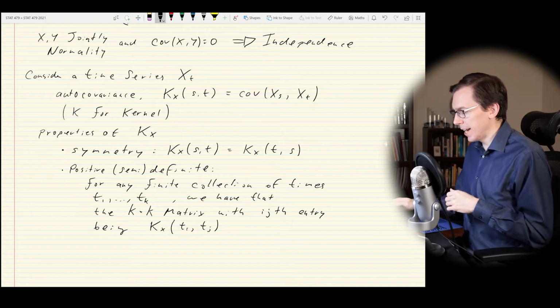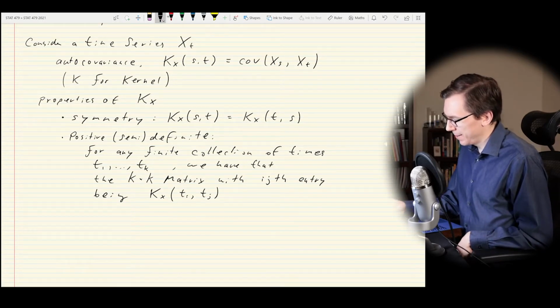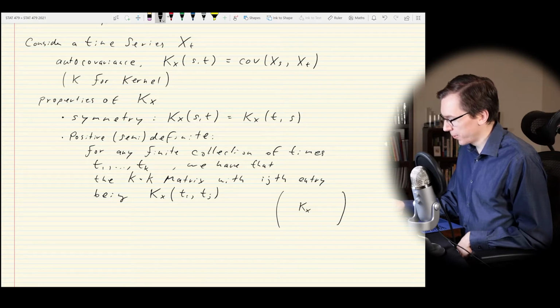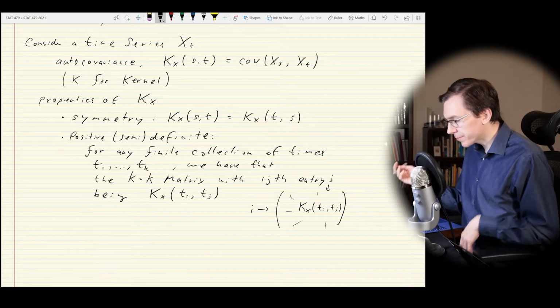So you can imagine that what I have here is a big matrix with entries that happen to be this kernel function evaluated at t_i and t_j for the ith row and the jth column, right? And then this is just a big matrix.